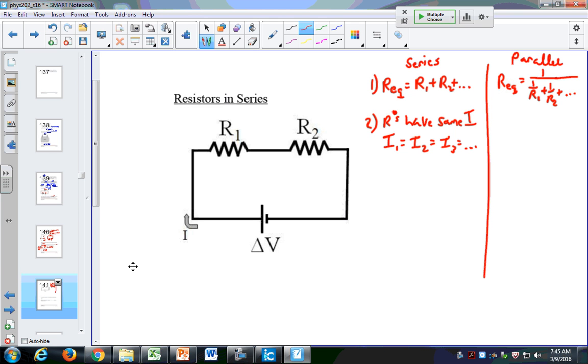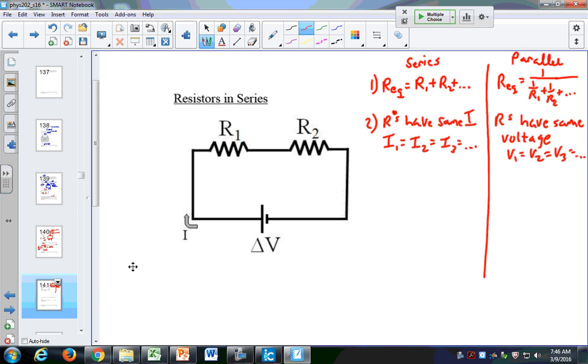For parallel circuits, the resistors have the same voltage. V1 equals V2 equals V3, however many I have. This was the same for capacitors in parallel, and we can think of these as resistors in parallel being hooked up all to the same battery.